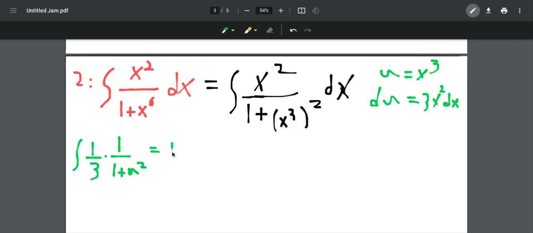So the final answer to this question is 1 over 3 times tangent inverse of u, but we made a substitution that u is the same as x cubed. So we can write it as tangent inverse of x cubed, plus C at the end.